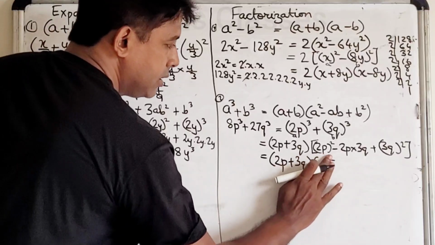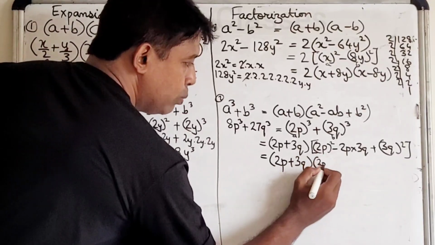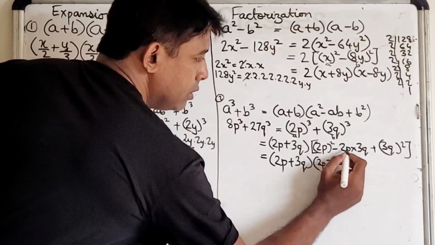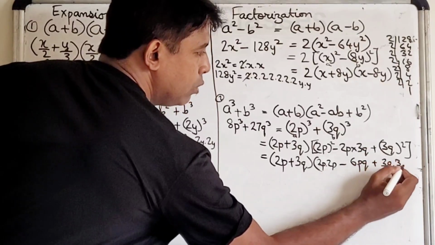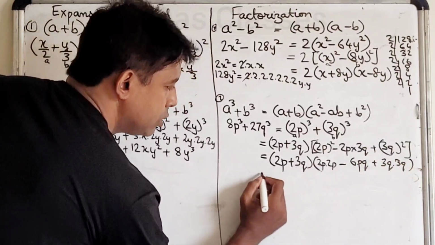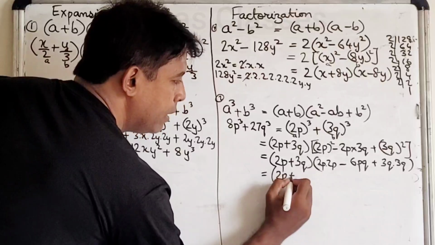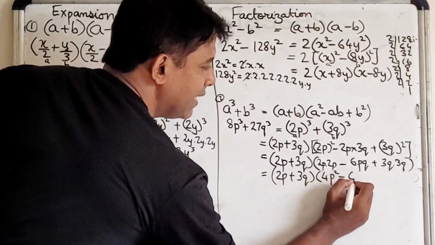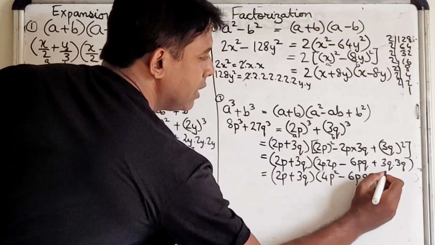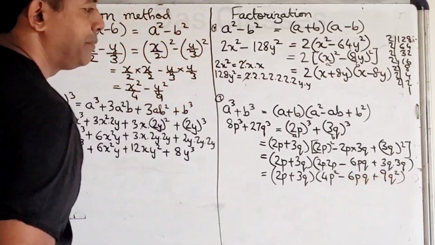Okay, let me write the steps. This is 2p into 2p. This is 2 3s is 6pq, and this is 3q into 3q. So the answer is (2p plus 3q)(4p square minus 6pq plus 9q square).